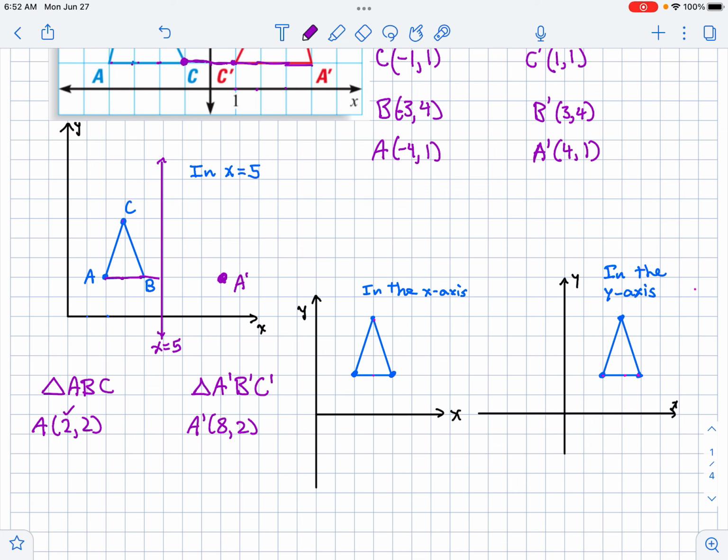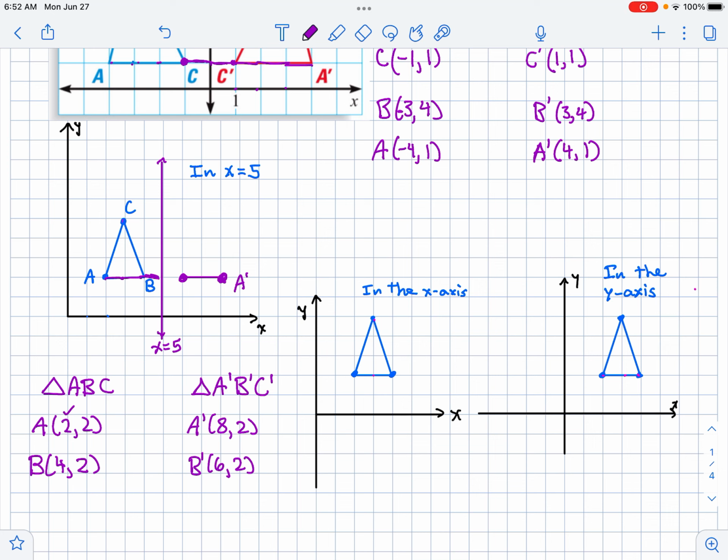Now, as far as B goes, let's look at this. We got B is 4 and 2. You look at that. And then B prime then, look, we go only 1 over. So B prime is going to be right there. And it's going to be 6, 2. See? So we just about got it.